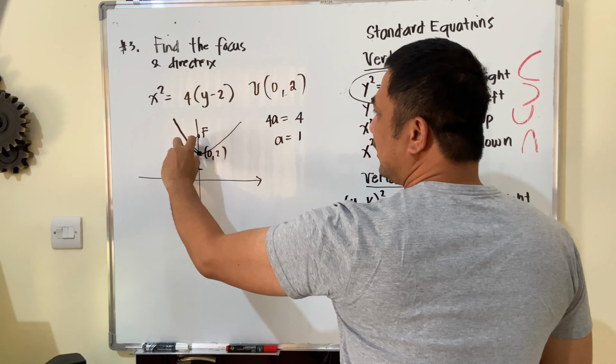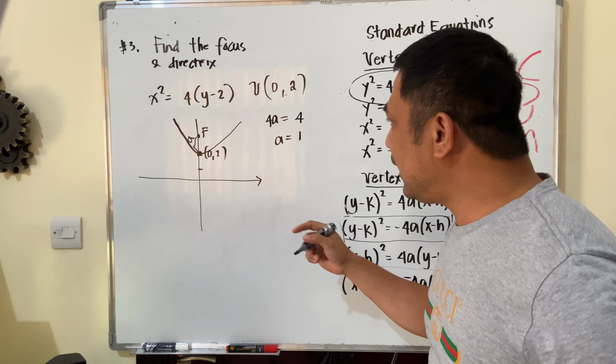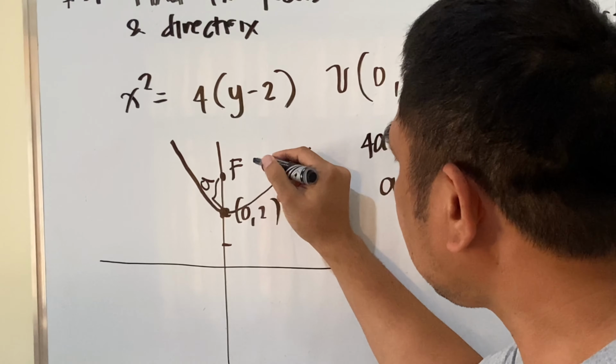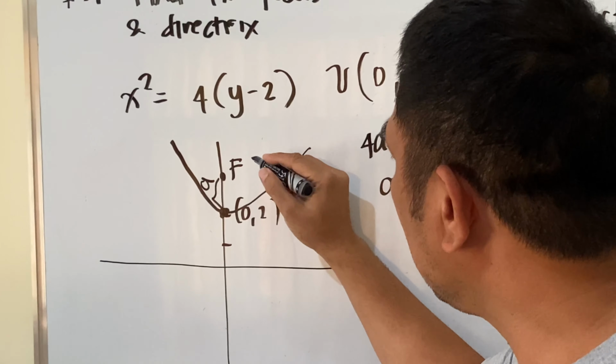Your focus is located at x = 0; since you already have 2 units from the origin to your vertex, plus 1, the focus will be at (0, 3).